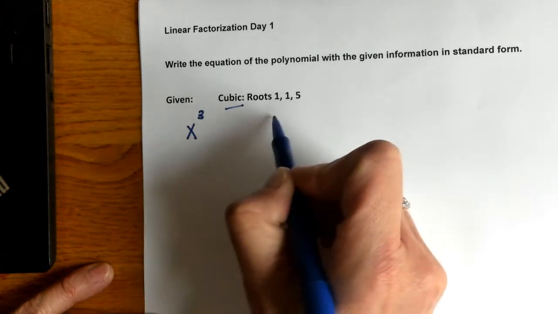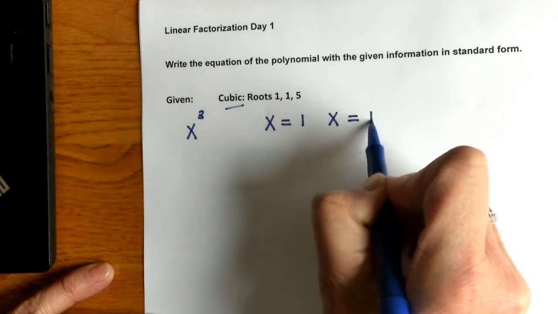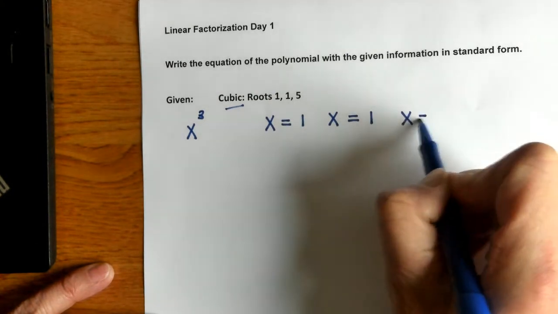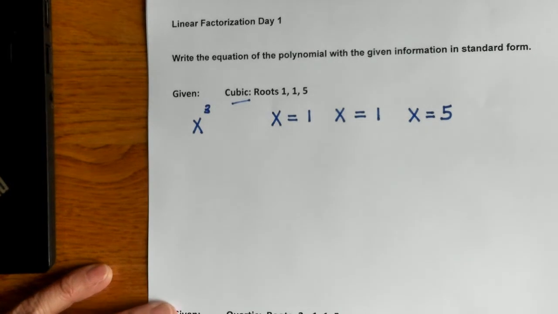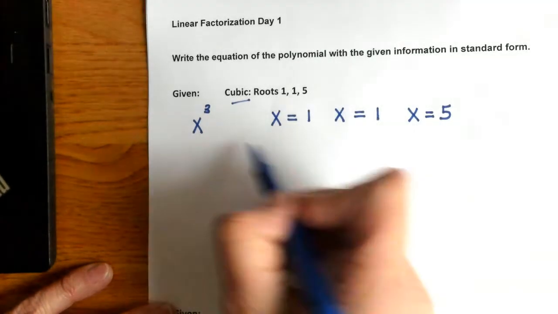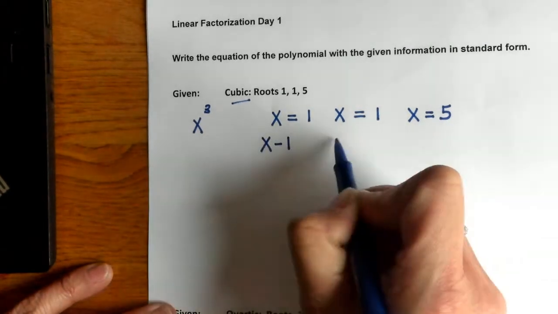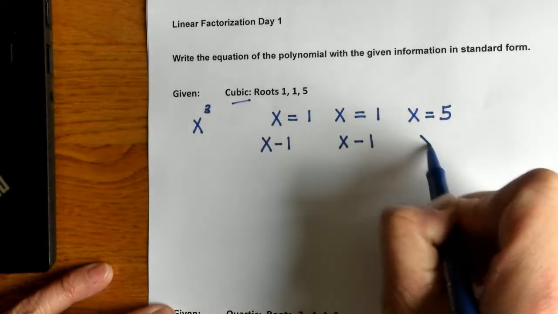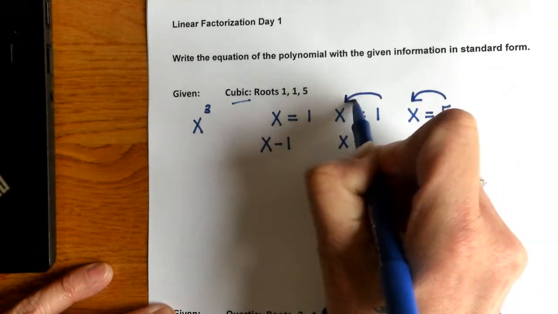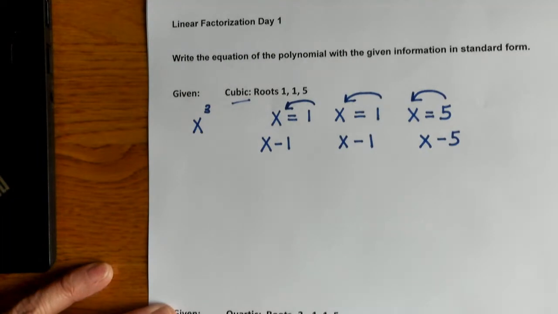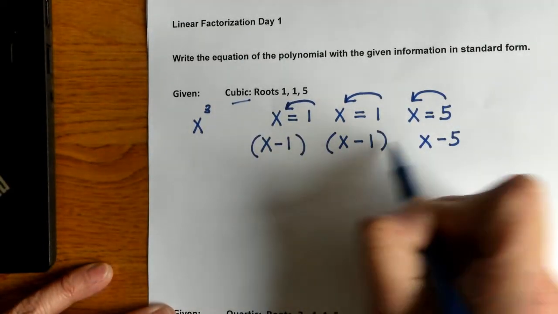So our first root is x equals 1, our second one is x equals 1, and our third one is x equals 5. Now what you need to do is move them back with the x. So x minus 1, x minus 1, and x minus 5. I moved each of the numbers over with the particular x. And now what we have is the factors.